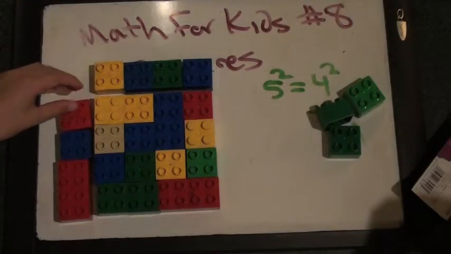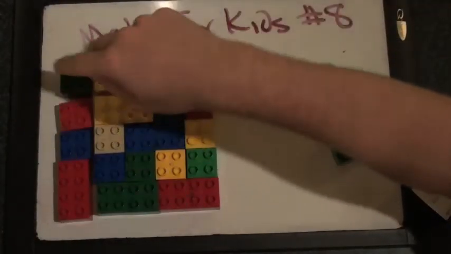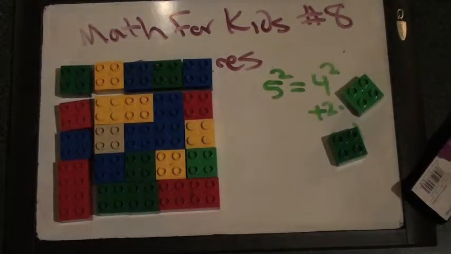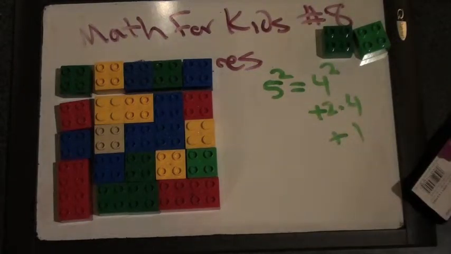Okay, so we've got a 4 squared, and we have 2 4's plus 1. And what's that equal to? So we're trying to show that 25 equals 16 plus 8 plus 1. Well, that's the same as 16 plus 9, and 16 plus 9 is 25. How about that?